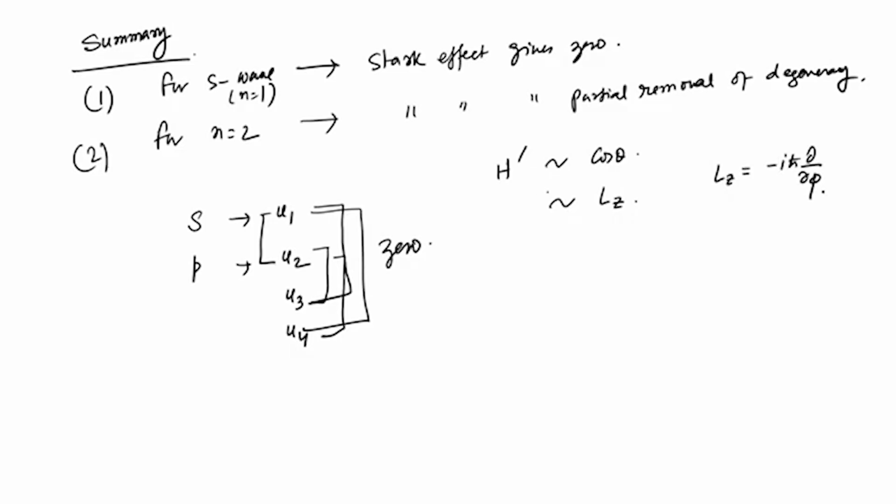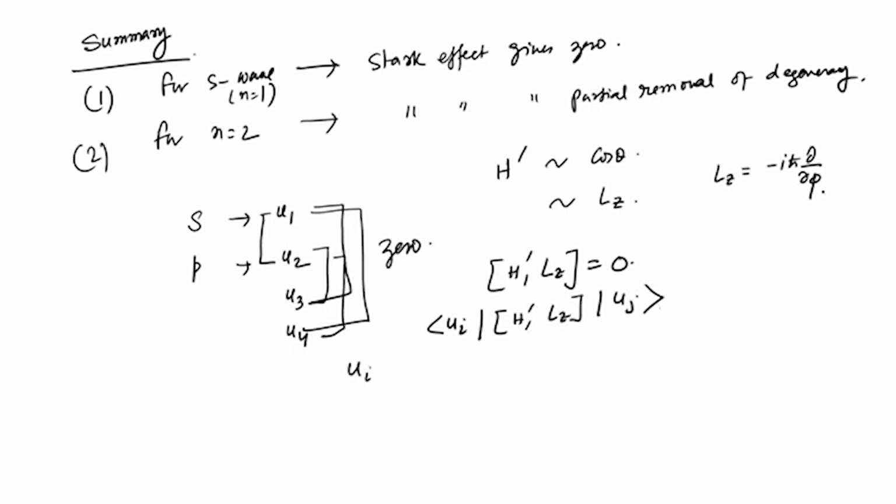So, H prime is like Z. So, H prime and Lz commute, and that means the matrix element of the commutator of H prime and Lz also becomes equal to 0 between two states, right.